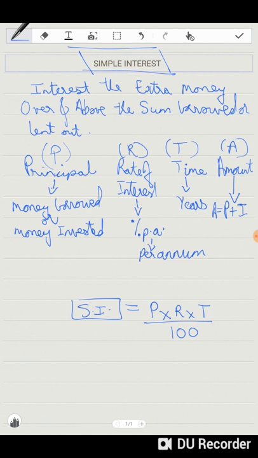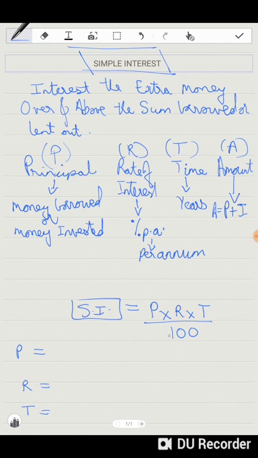So pretty stands for PRT upon 100. Simple, right? So using this formula of simple interest, we can rearrange it and find the formula for principal, rate, and time by just changing the subject of the formula.